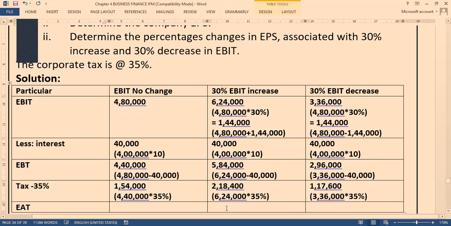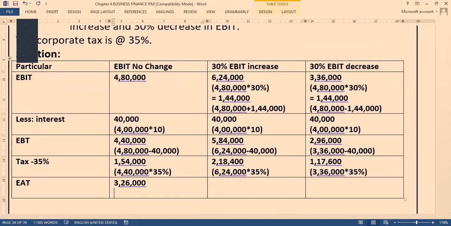Again, you have to subtract this part. 4,80,000 minus 1,54,000. You'll be getting approximately 3,26,000.